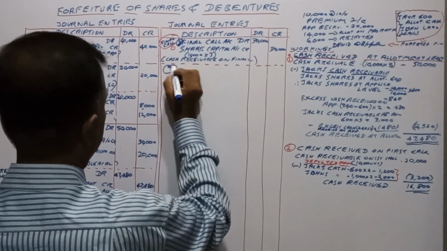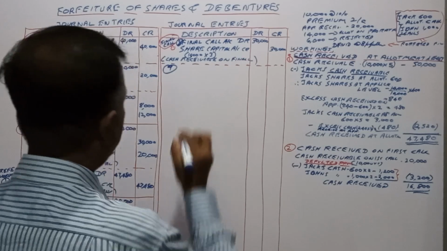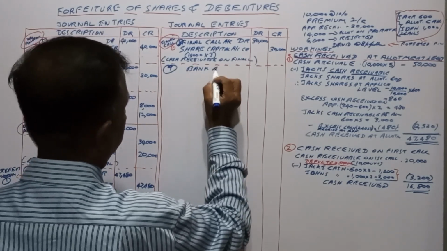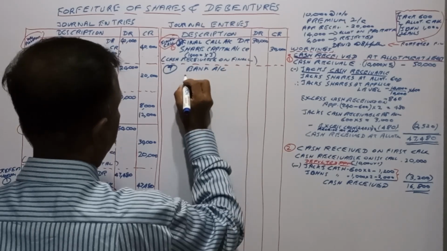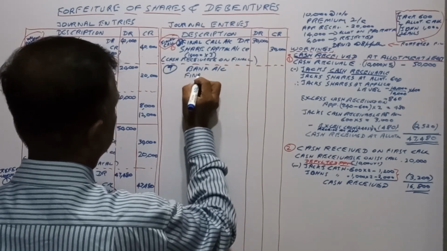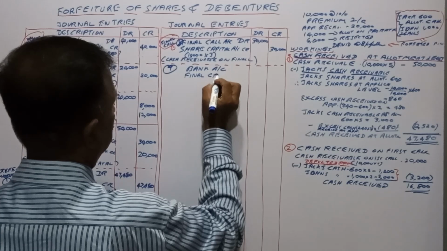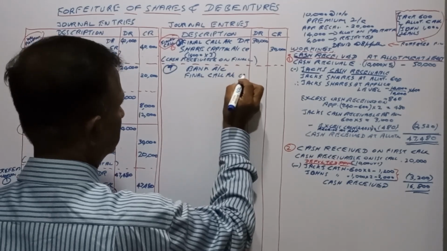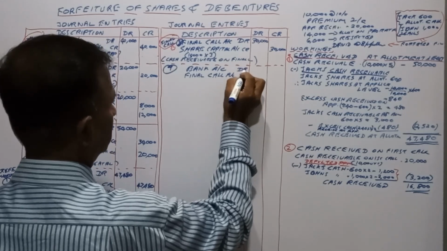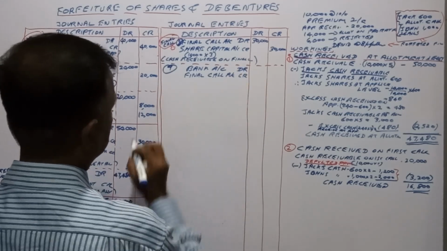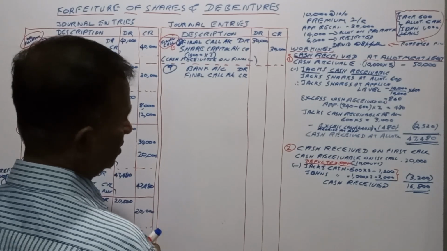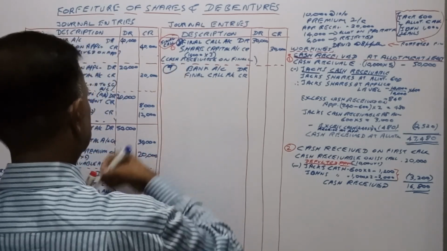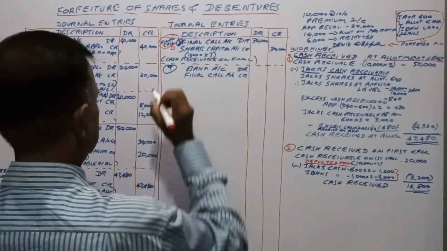Ninth journal entry is bank account debit, final call account credit. Right. This will also have the workings.